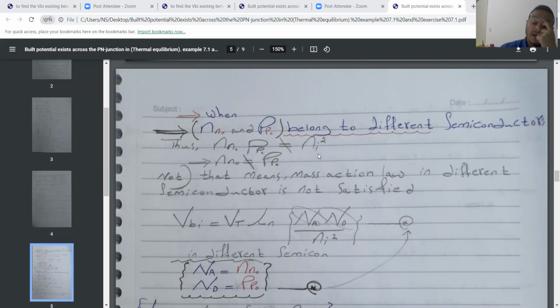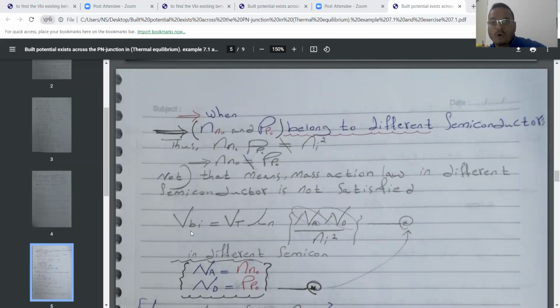Why? Because when dealing with different semiconductors, the majority electrons don't equal the majority holes at the p-type anymore. What does that mean? That means the mass action law is not satisfied in different semiconductors. We remember the mass action law because it was very important to us in the questions in chapter 4. Here, that means we don't use it anymore when we're dealing with different semiconductors.